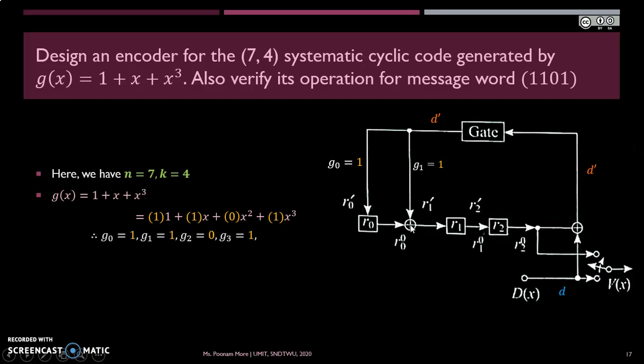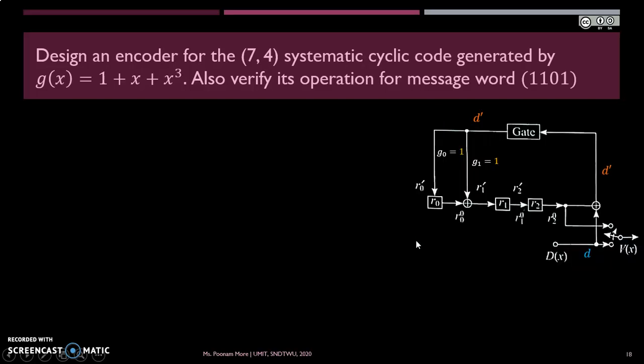Here R00, R10 and R20 represent the outputs of the respective registers, whereas R0 dash, R1 dash and R2 dash represent the inputs to the respective registers. D represents the message input bits, and D dash is the value of the bit which will be considered as feedback going towards these registers.